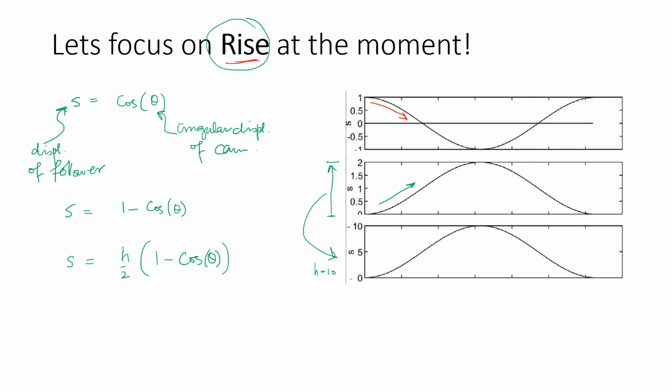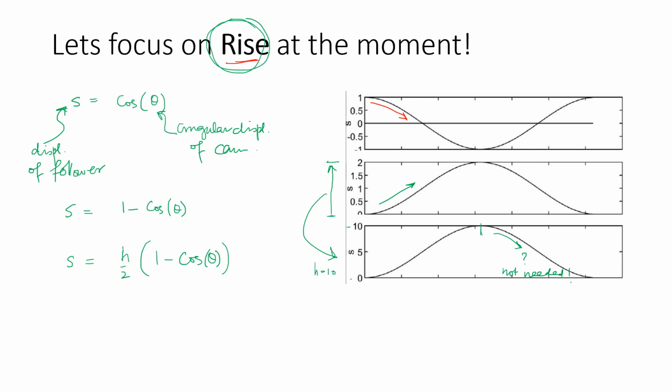Now, the other observation that you can make right over here is that once the rise action has been completed somewhere over here, it then falls down, which is not needed in this case, because we are only considering the rise function.